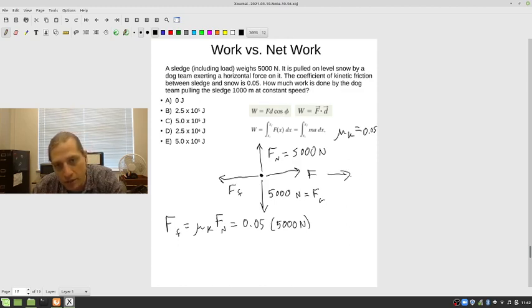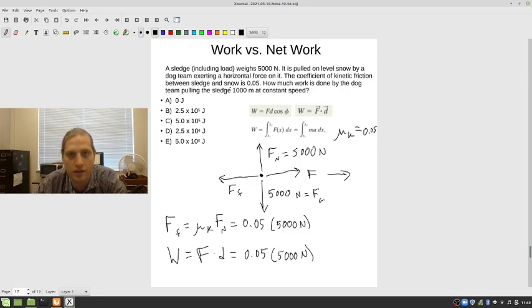The displacement is in the same direction as the dogs are pulling the sled, so my angle there is 0, cosine of 0 is just 1, so my work is just going to be my force times the displacement, 0.05 times 5,000 newtons.